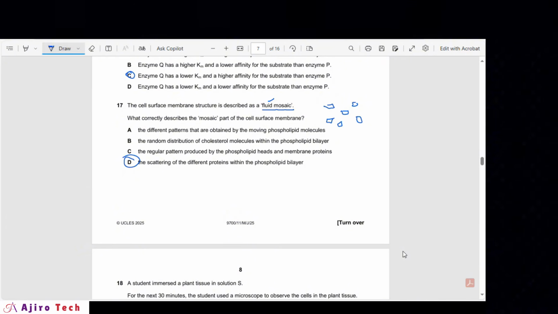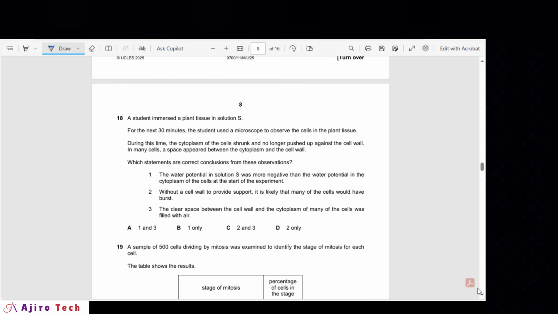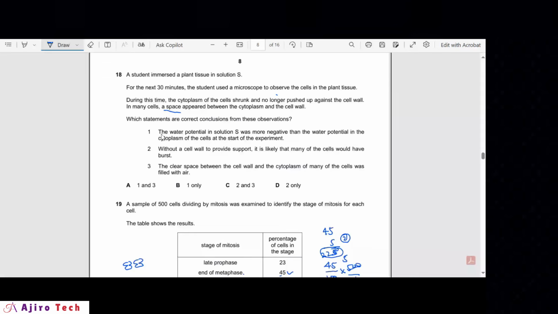It's not a regular pattern, and it's not produced by phospholipids, it's produced by the proteins. The proteins are scattered within the phospholipid bilayer.